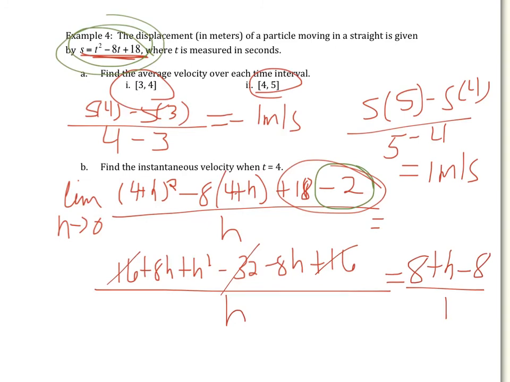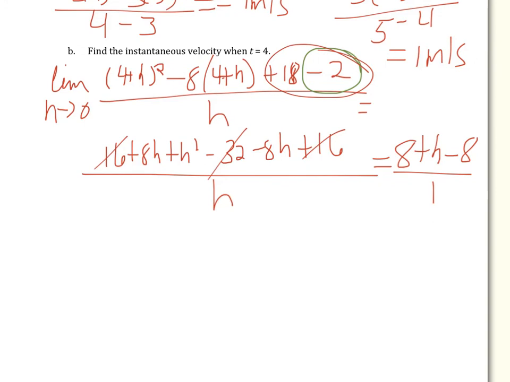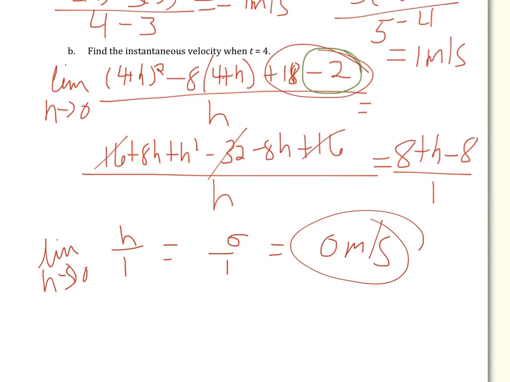So at this point, I should have h over 1 with the limit as h goes to 0. If I go ahead and plug 0 into that, I get 0 over 1, which we know equals 0 meters per second. So doing it this way, we once again get 0 meters per second.